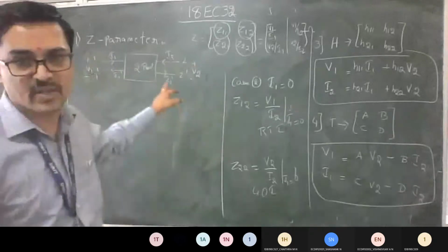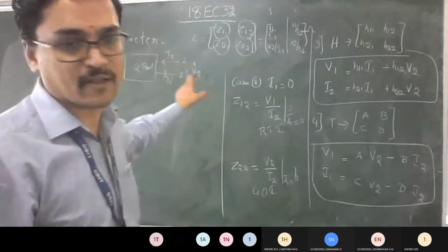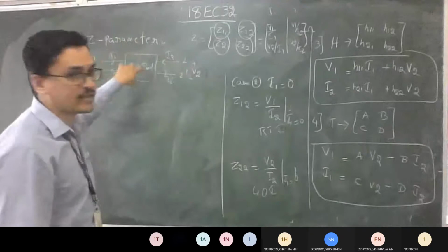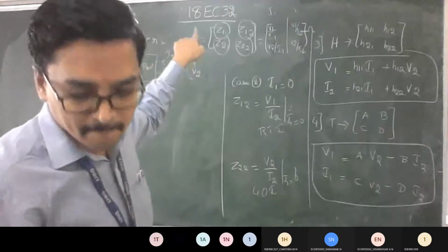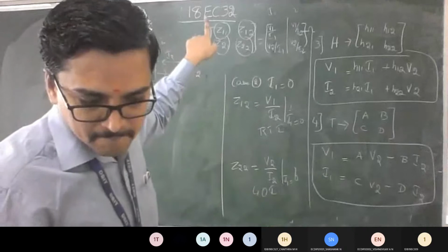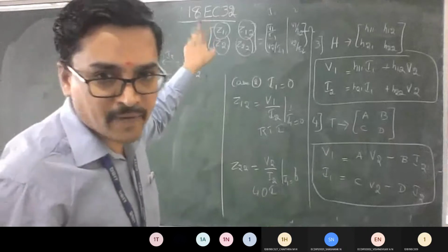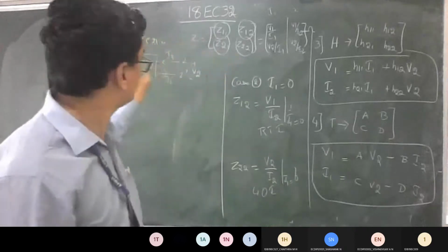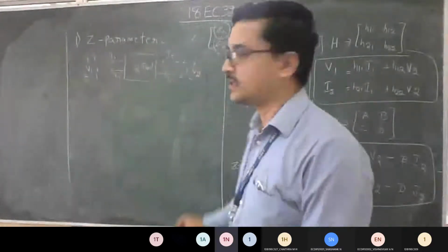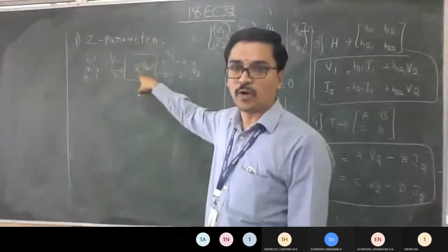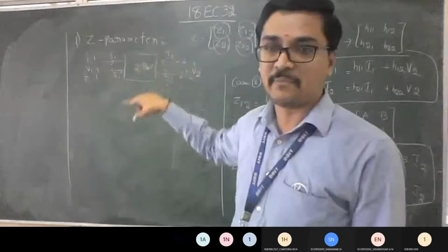So this is your generalized diagram for any 2-port network. Now inside this 2-port network, which parameter should be replaced? Z parameter. Instead of this 2-port network, it involves your Z parameter.